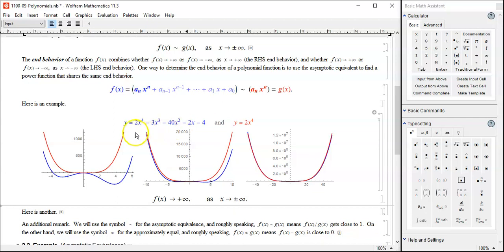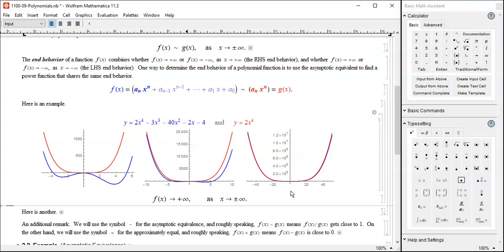Look at this visualization. The original function is a polynomial and is complicated. It's the blue graph here. And the red graph here is just a power function given by the leading term. So it's really simple here, just U-shaped. These are two different graphs, yes, but if I go humongously to the positive or humongously to the negative, as you can see here, eventually these two graphs become kind of indistinguishable.